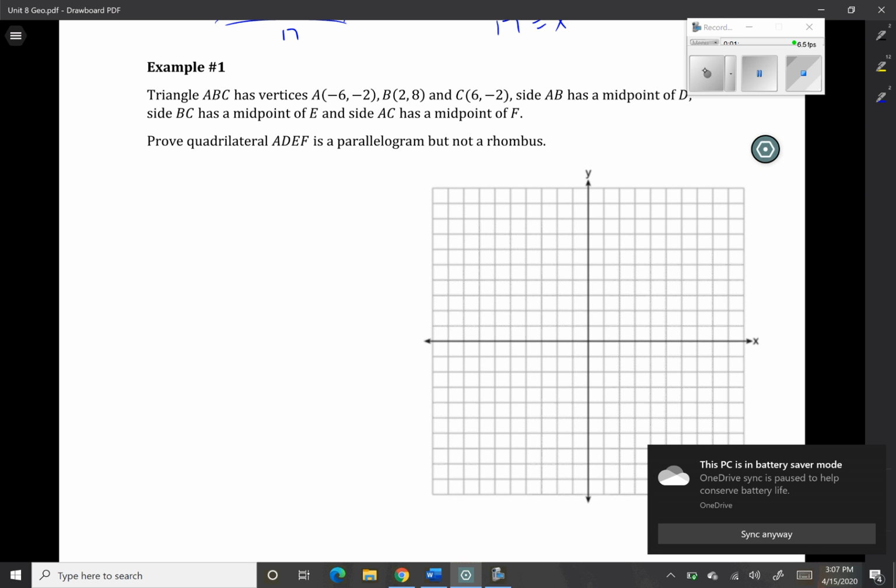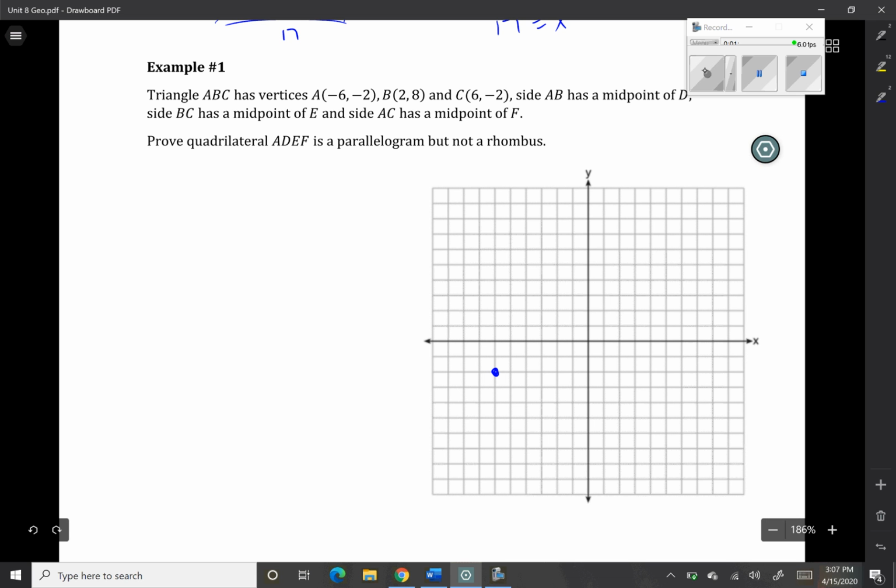It says the triangle has coordinates of -6, -2, 2, 8, and 6, -2. A, B, C. And it says AB has a midpoint at D. So to get from A to B and find its midpoint, I have to figure out the slope from A to B. So I'm going to go up 1, 2, 3, 4, 5, 6, 7, 8, 9, 10 boxes.